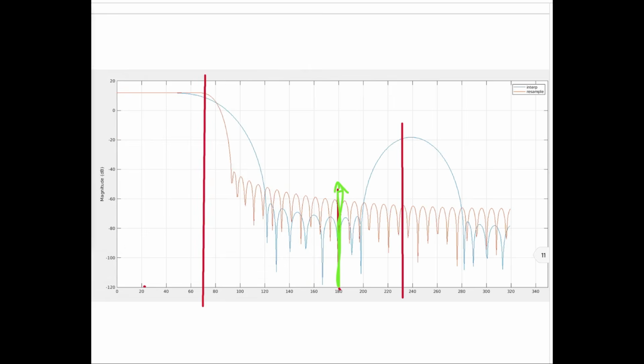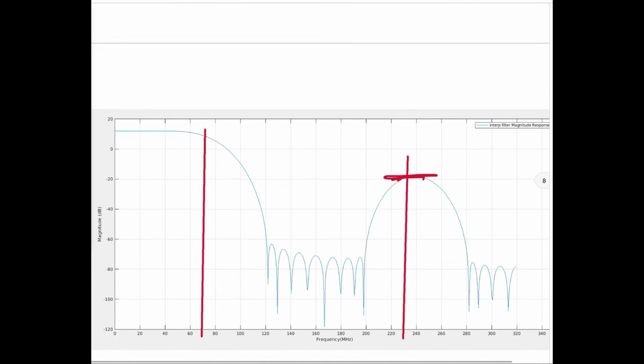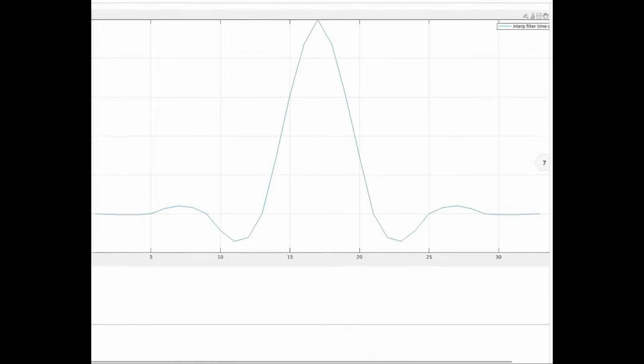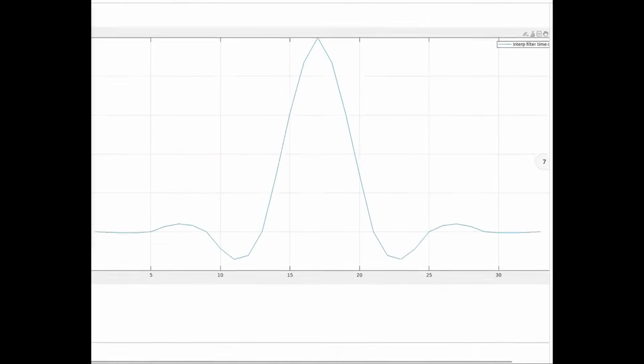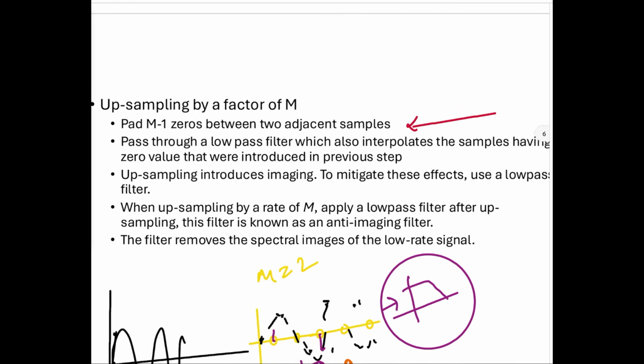Both filters attenuate the image by 60 dB or more. So the problem, the reason, and how we can make it better are clear now. It is because of the filter response of the upsampling, because upsampling is a two-part process: pad zeros, then pass it through a low pass filter.